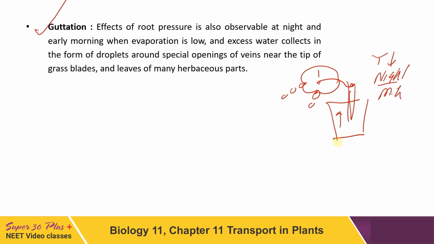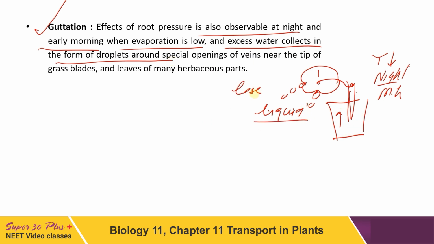This loss of water in the form of liquid is known as guttation. It can be observed at night or early in the morning when transpiration is less, and excess water collects in the form of droplets. Guttation means loss of water in liquid form.